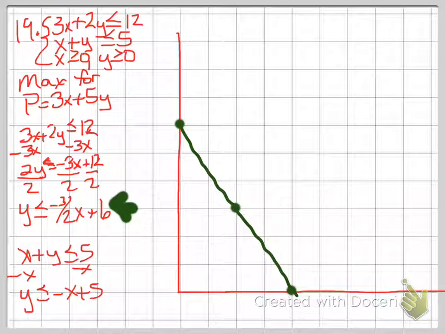Okay, I have y is less than or equal to negative x plus 5. So there's our 5. Let's get that a little bit better there. Okay, and then negative 1 slope. Okay, and size that down again.